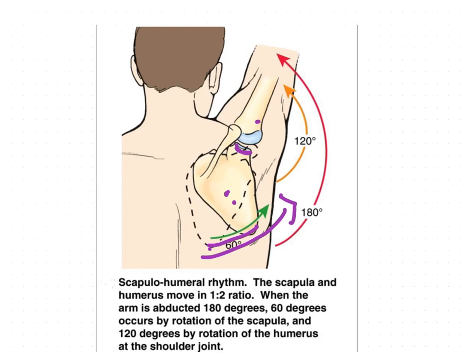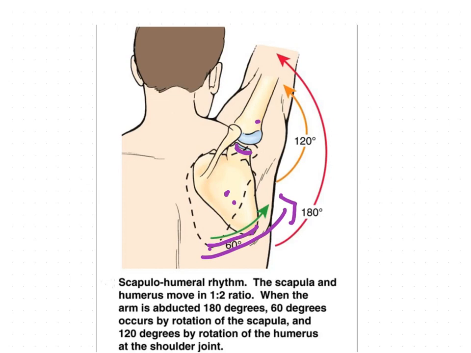So for both elevations, that means in flexion as well as in abduction, the scapulothoracic joint will have 60 degrees of upward rotation. Of course, here the humerus is not fixed and it moves independently on the glenoid fossa.